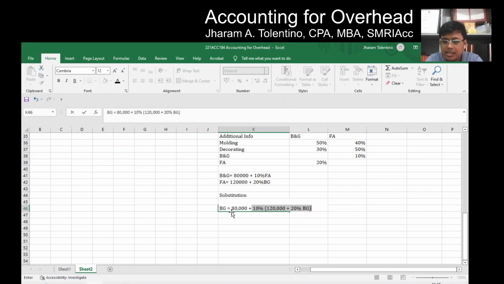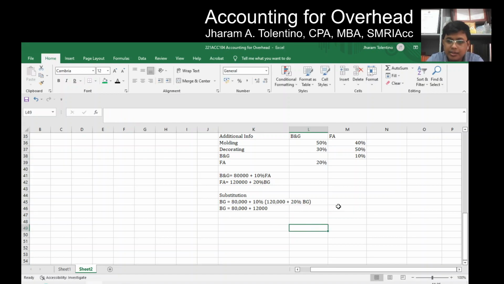So, plus 12,000 plus yung 10% ng 20%. So, kumputin natin. 10%. So, that's 0.1 times 0.2. We have 0.02 plus 0.02 of the BG. Okay na.